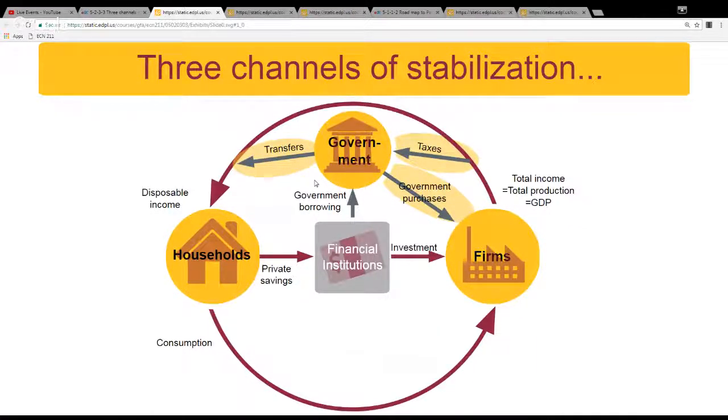The government can, if there's a real shortfall in demand, and there's people unemployed, and there's factories not being used, then the government can start buying stuff that's produced with the unused resources. There's two advantages of this.